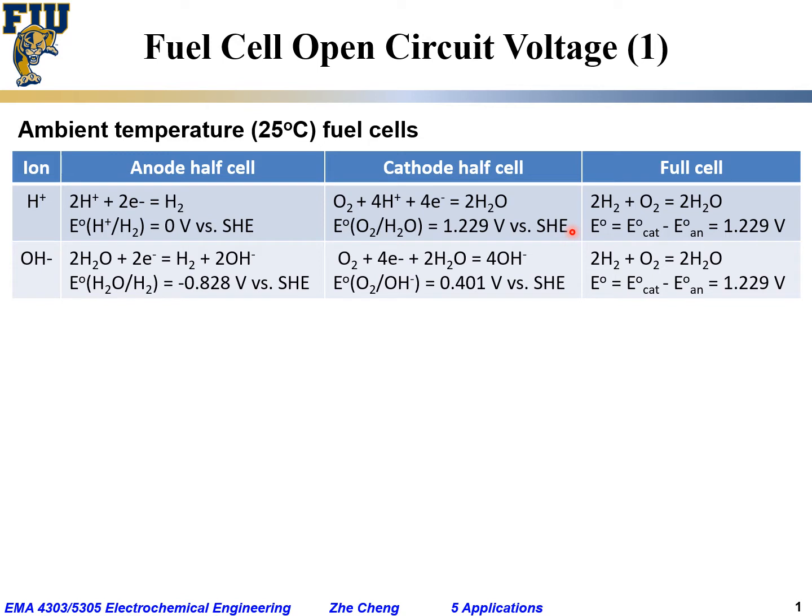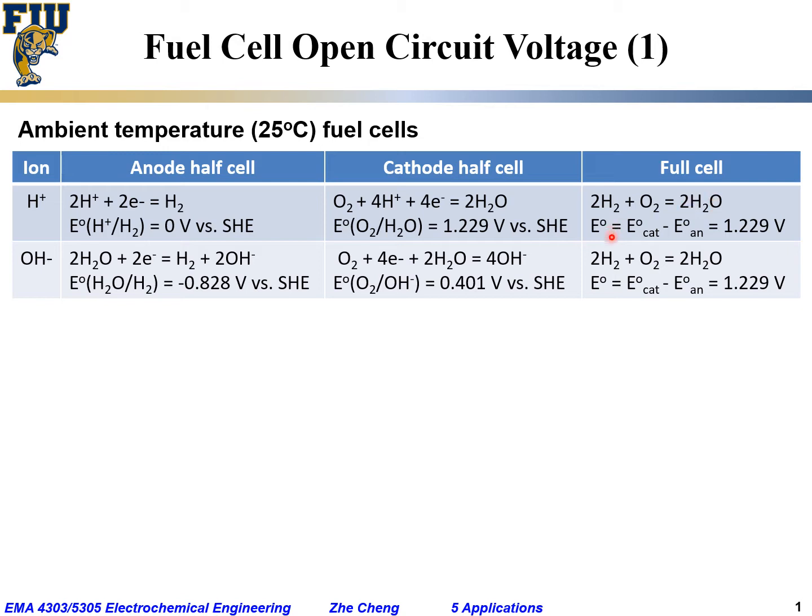Okay, and then for the full cell or the overall reaction, again we combine the anode and the cathode half cells, or combine the reduction and oxidation half cells, with the goal to eliminate electron. Then we would have 2 hydrogen molecules combined with 1 oxygen molecule to form 2 water molecules.